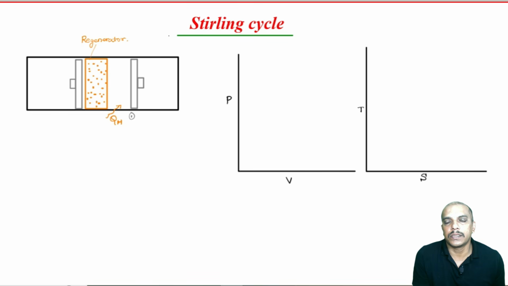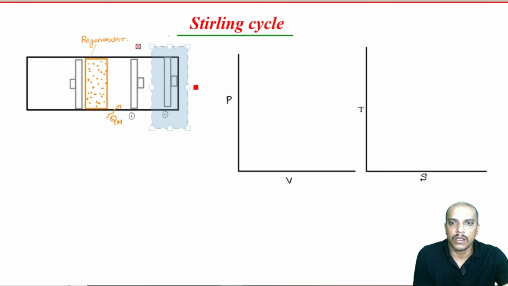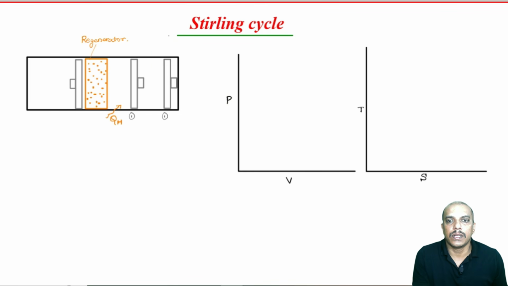So, heat addition should happen at constant temperature. Now, let me consider that this should move towards right because any heat addition will increase the volume. Now, this has to be state 2.